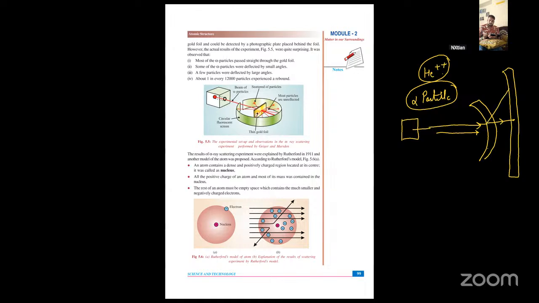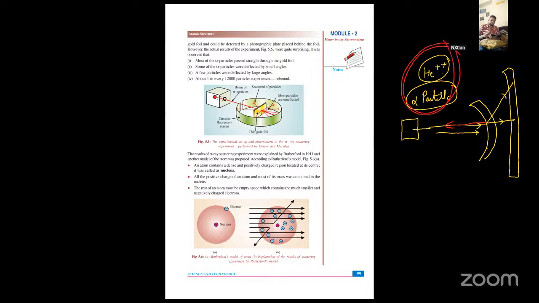Second, it was a large angle also. And the third, which is very rare, like 1 out of 12,000, one ray came back along the same path. So it means there is something in the gold foil that is responsible for the deviation of the alpha particles, which are heavily positive particles.